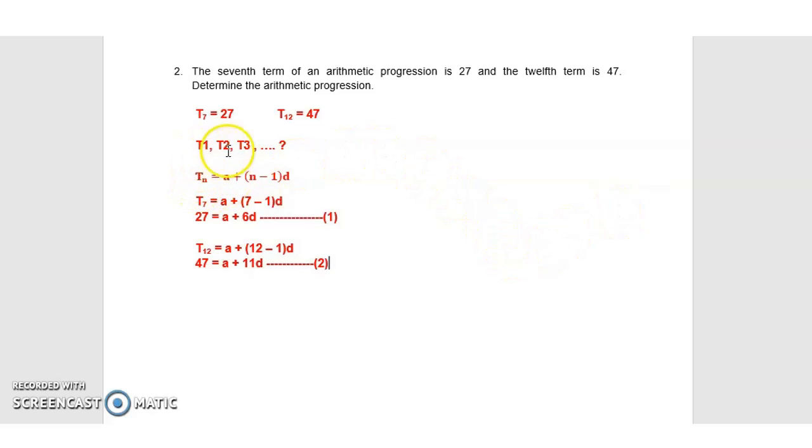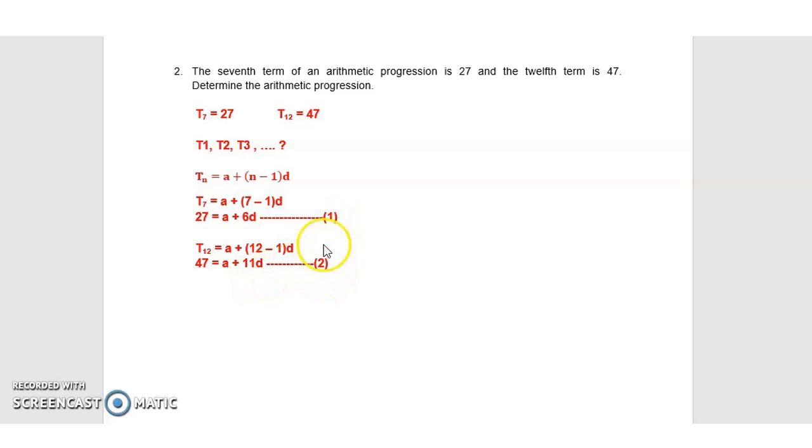In order to get T1, T2, T3 and so forth, we need A, the first term, and D, the common difference. Once we have A and D, we can find T2, T3 and so forth. For this example, we apply simultaneous equations, because we have two unknowns, A and D. You can use either the elimination method or the substitution method.